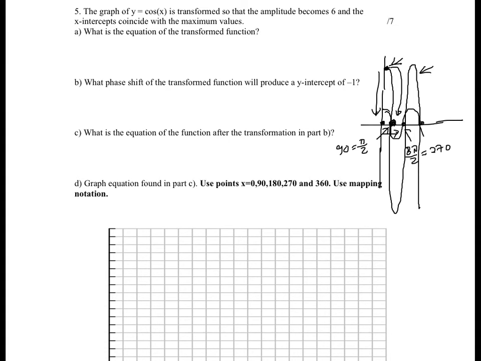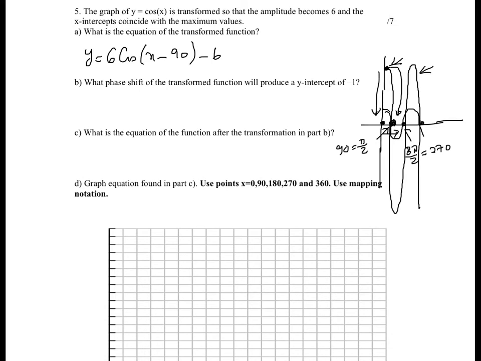Going down 6 units means that the vertical shift is negative 6, and going right 90 degrees means the phase shift is 90. So the equation becomes y is equal to 6 cos(x - 90) - 6.